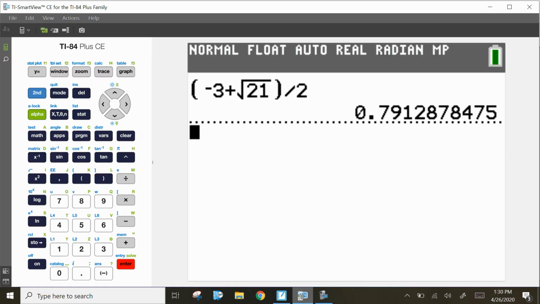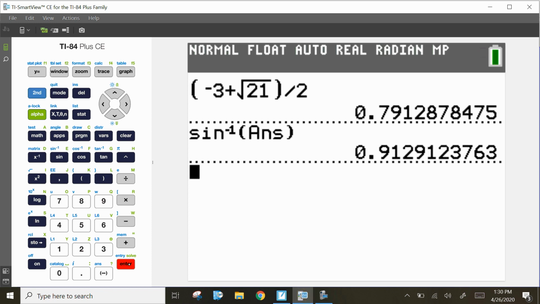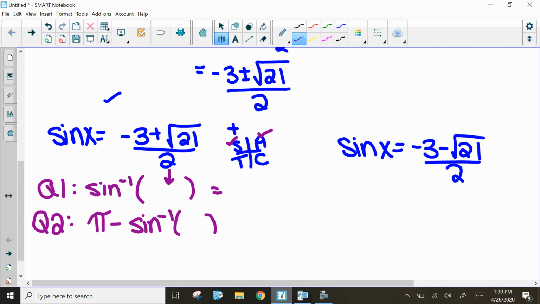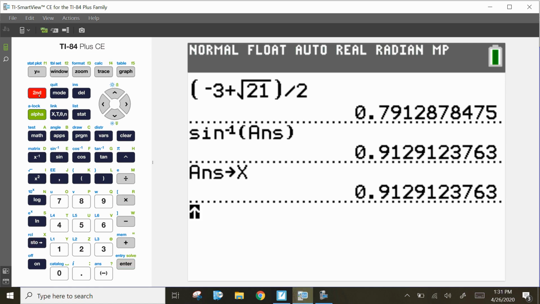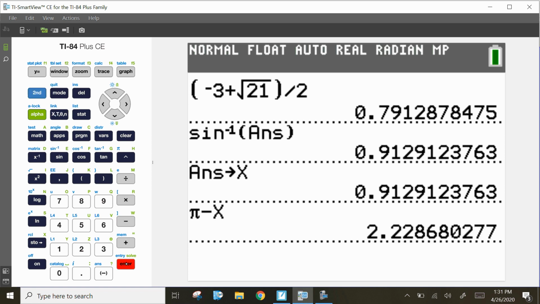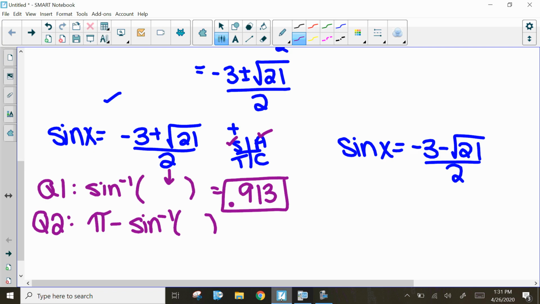And since I already evaluated on here, I can just do inverse sine of my last answer, enter. So we'll still round to 3 decimal places, 0.913 is quadrant 1. And because I'm going to use the calculator to help me, I'll store that value as x. This way, when I'm going for quadrant 2, I can just do pi minus that stored value of x and get 2.229.